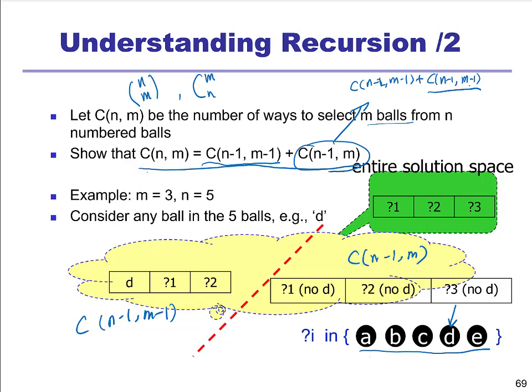Well, it is twice in this case, but we will see n minus 2, m minus 2, which might be computed even more times. But anyway, the idea is that there are some parts that are computed repeatedly.